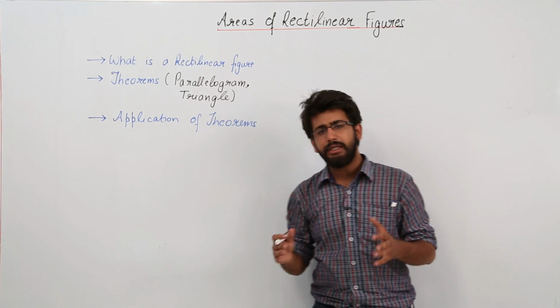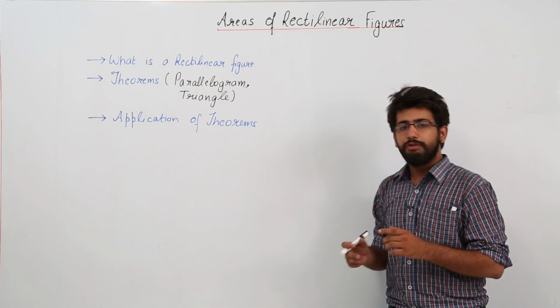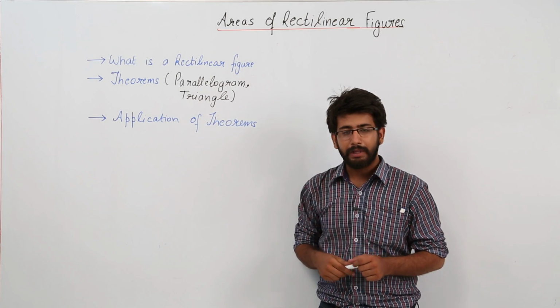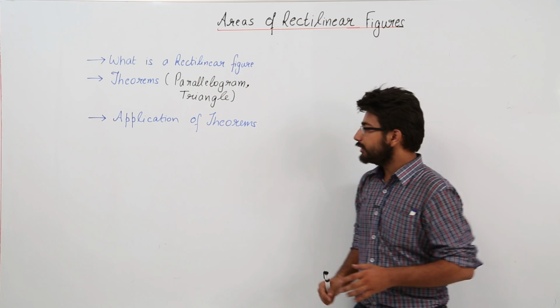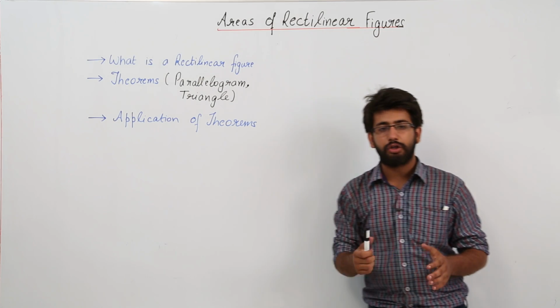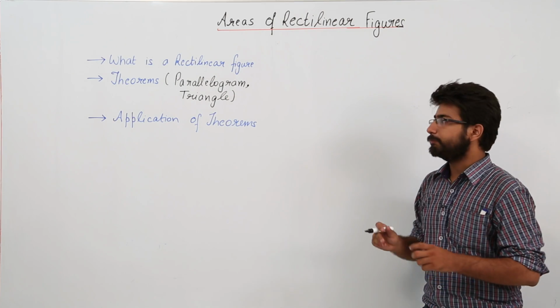This chapter mainly consists of theorems. There are 4 to 5 very important theorems related to the areas of parallelogram and triangle, and based on those theorems we'll solve some questions for which I have written the application of these theorems. Now let us start the chapter.